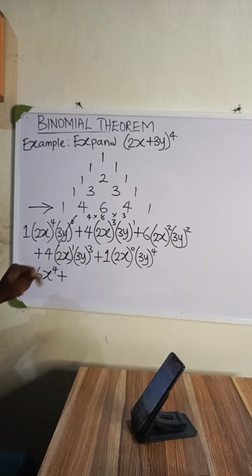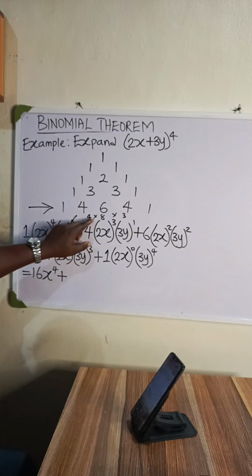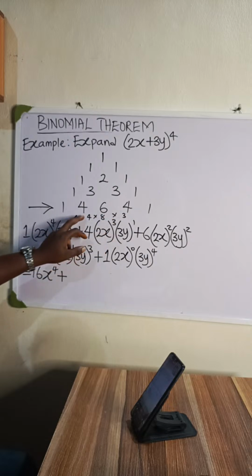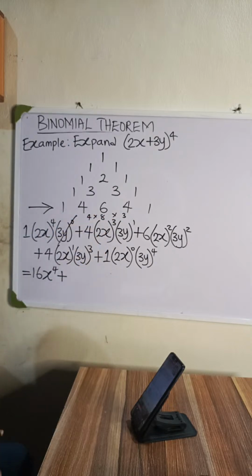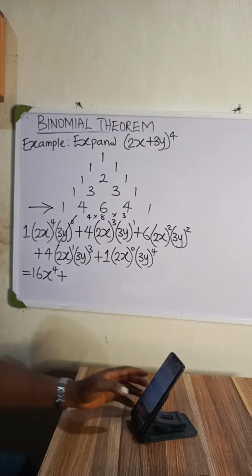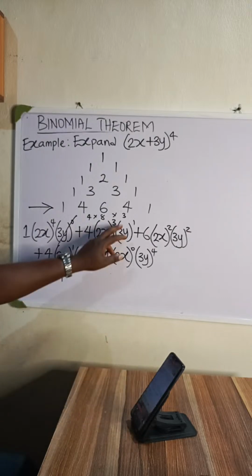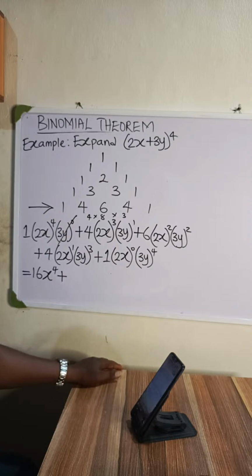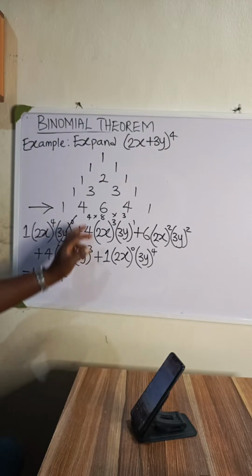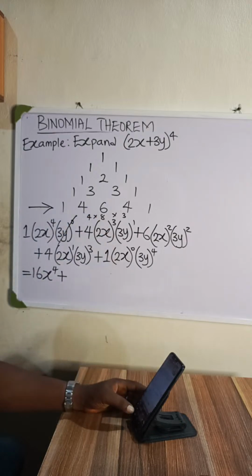Okay, so continuing with the class, we have 4 times 8 times 3. 4 times 8 is 32, right? 32 times 3. 4 times 8 times 3, what's it going to give us?